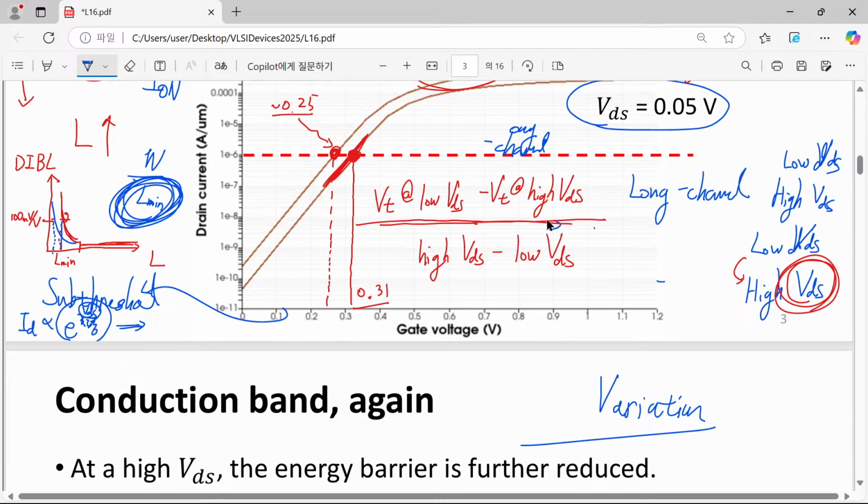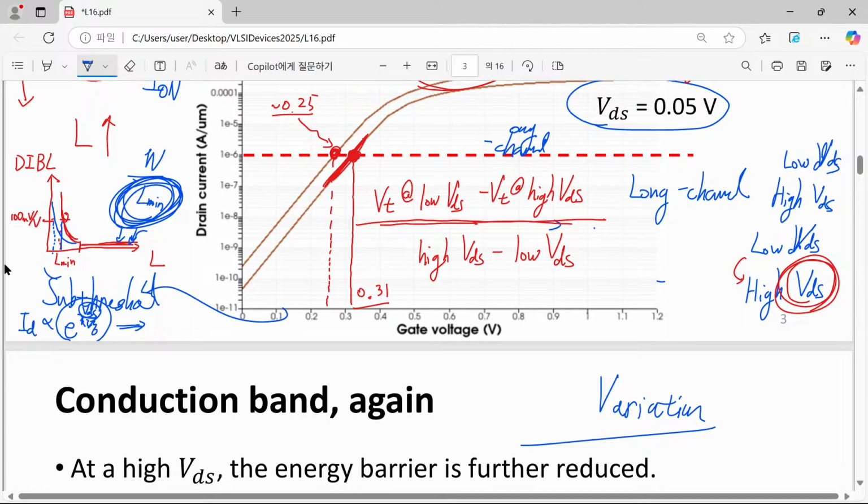Please think about this one. What does it mean? If you have quite a long channel device, then even though your length scale fluctuates due to some mismatch in your fabrication process, your transistor shows the same threshold voltage.